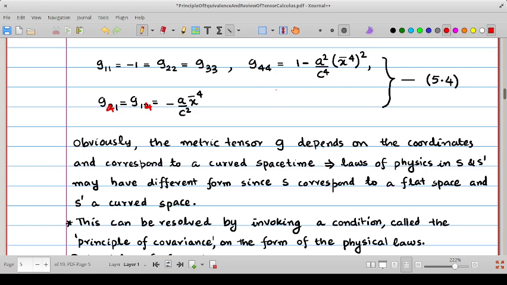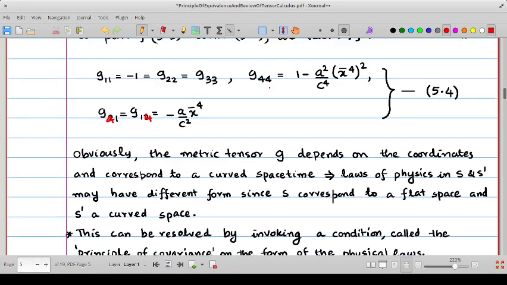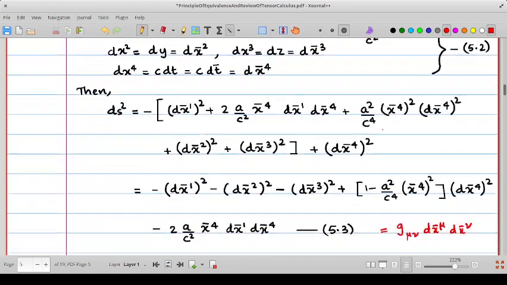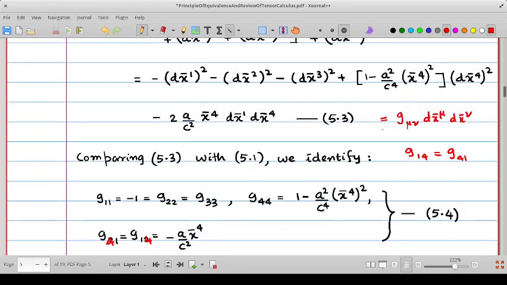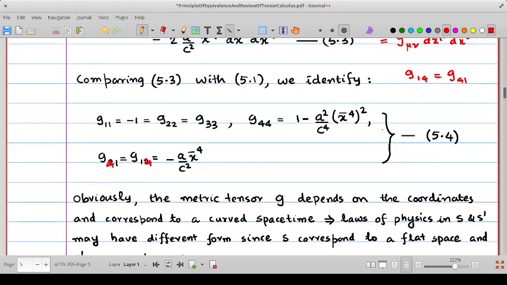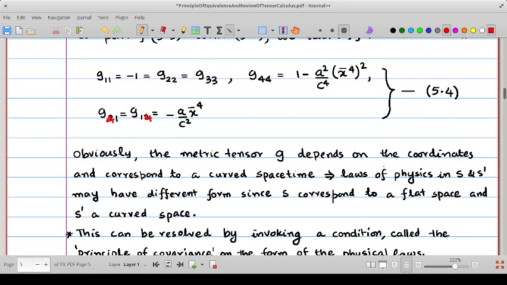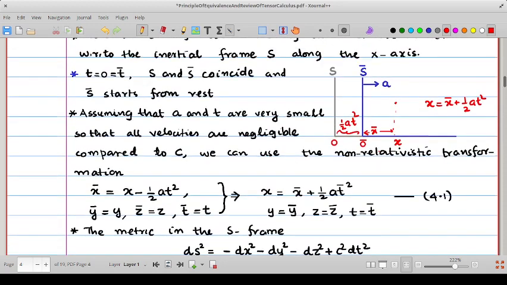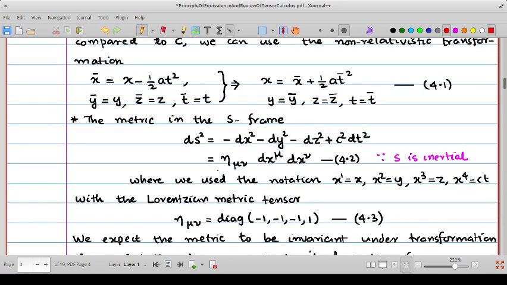That means this new frame of reference, S dash, which is moving with an acceleration a, corresponds to a space that is curved. So the space-time is curved in this case, whereas when we started originally with the frame of reference S, the interval that we have expressed over here corresponds to a flat space-time.